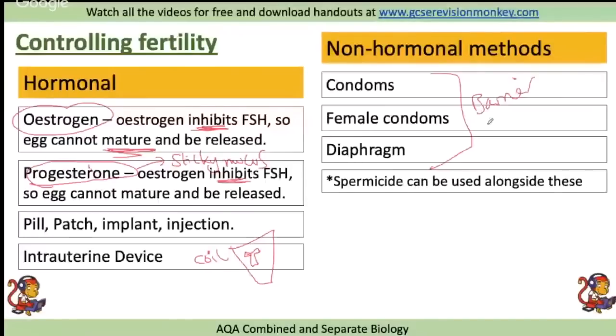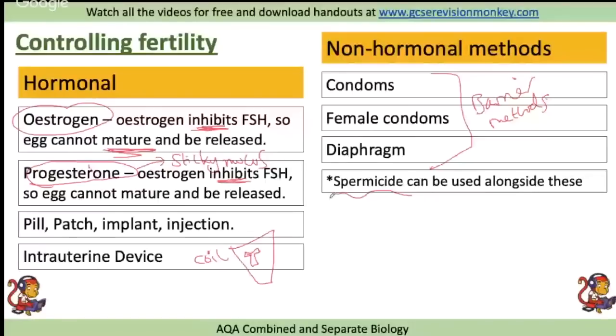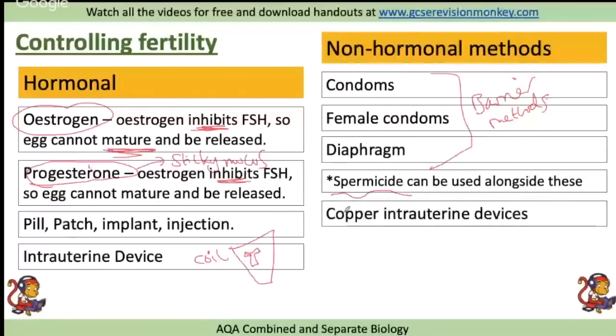And spermicide is just a chemical which kills the sperm cells. Another method you can use is copper coils, essentially copper intrauterine devices. So they actually kill the sperm rather than releasing hormones.